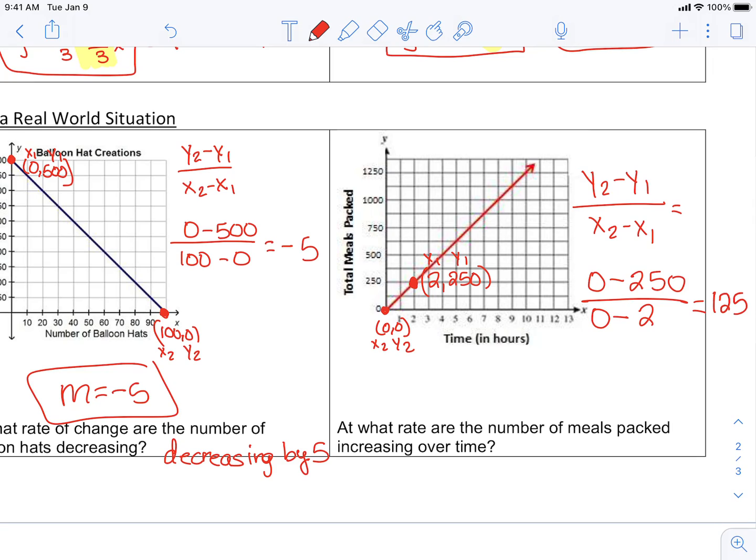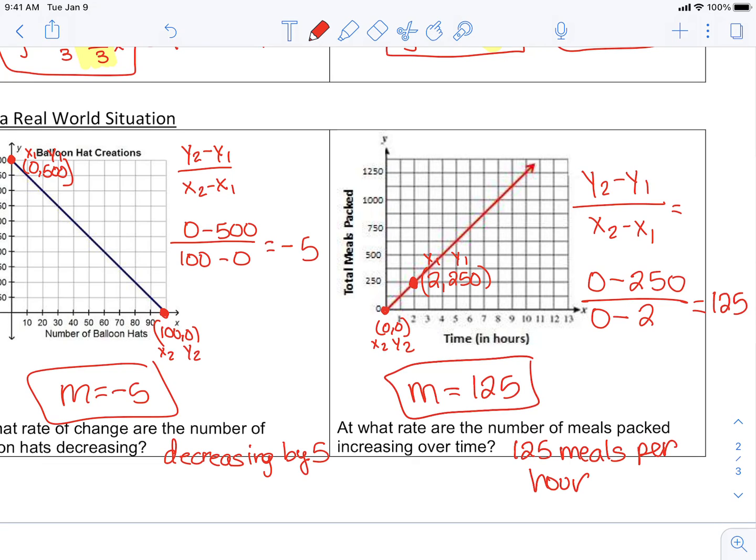So at what rate are the number of meals packed increasing over time? Well, it looks like 125 meals per hour. Which means my slope is 125, or 125 over 1 because it's the same thing.